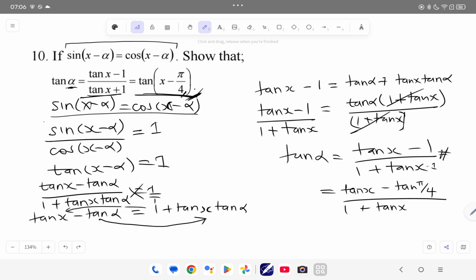It's still tan x, but that 1 is tan 45. So this becomes tan of x minus 45 degrees, or pi out of 4 radians. And hence it has been proved as required.